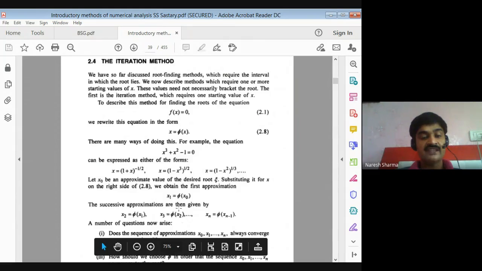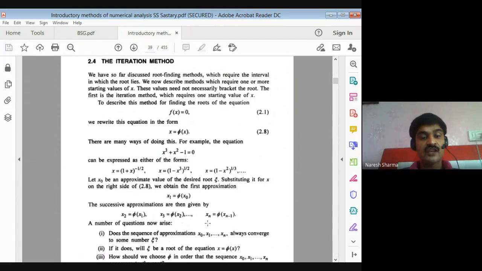Again put this into the right hand side, that is phi(x2), which gives you x3. So you get xn, the approximate value of the root, when two consecutive x values have the likely same result, or their difference is very small as per our desire.